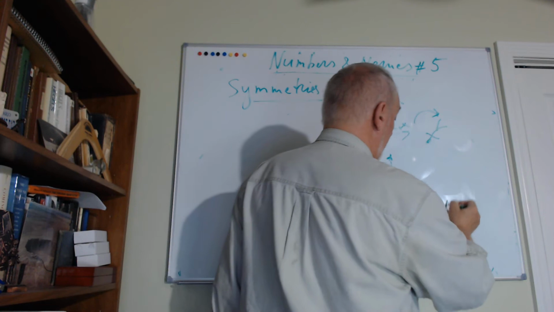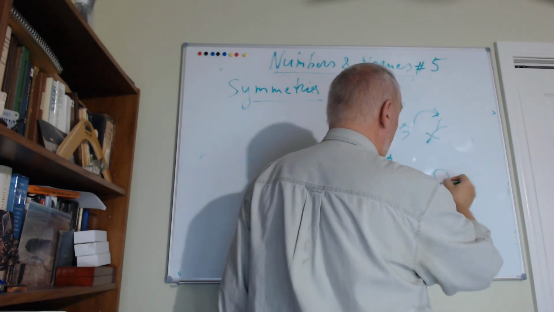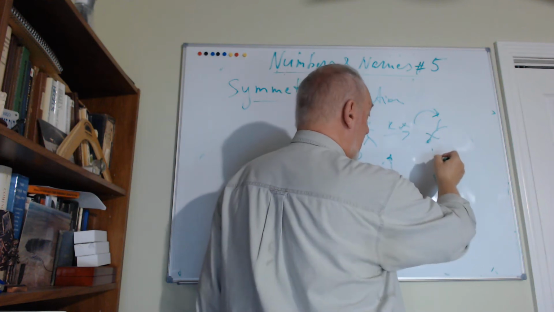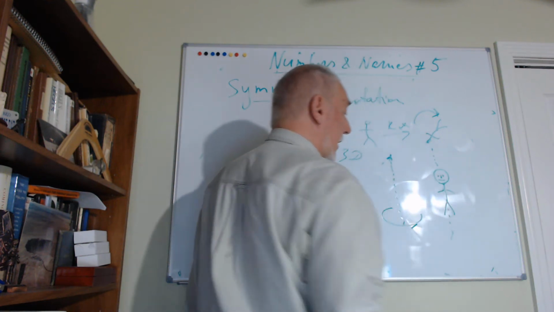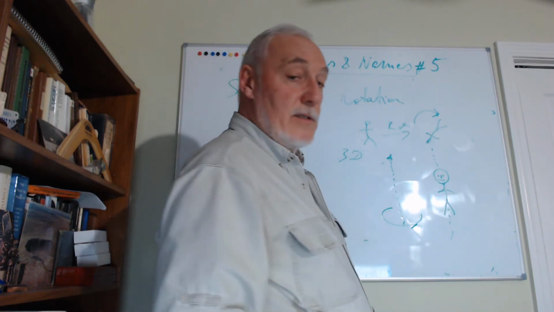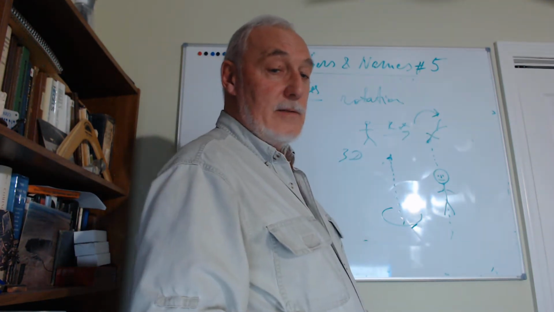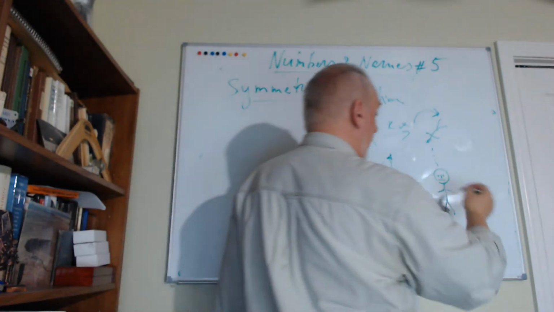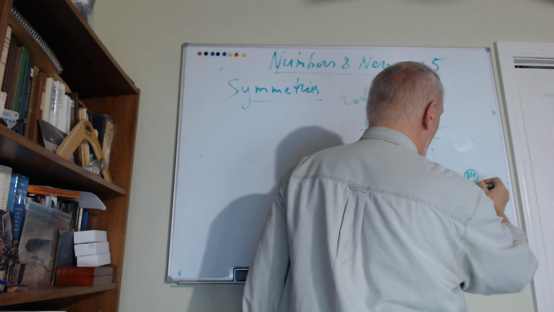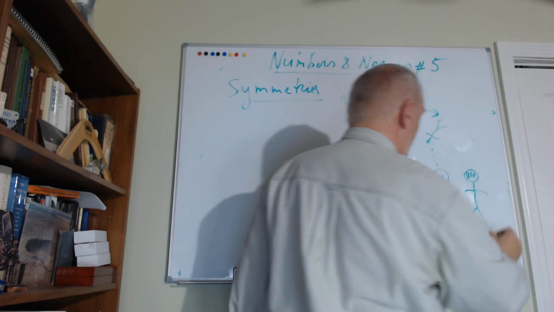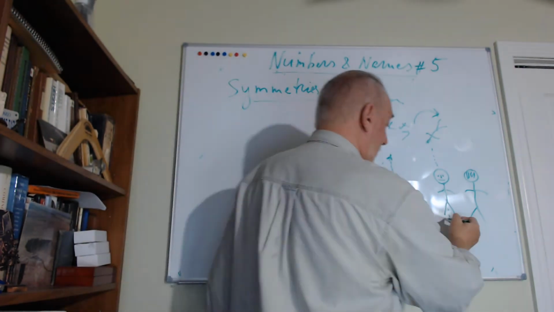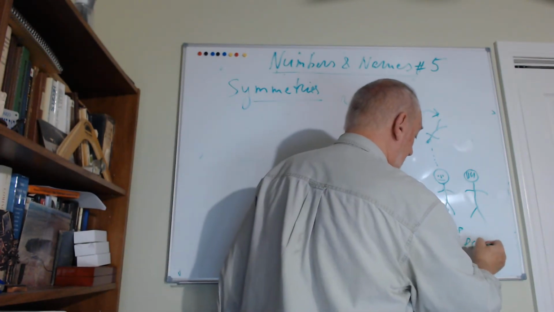For example, if we have again a person with the eyes, and we have rotation symmetry going like this, and we rotate it by 180 degrees, half the circle, you will see the person from the back.